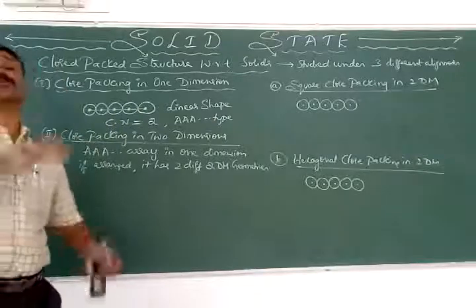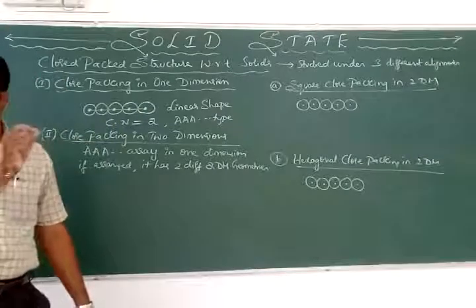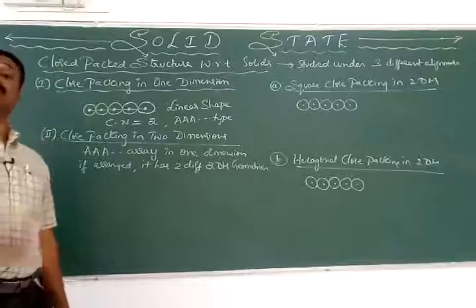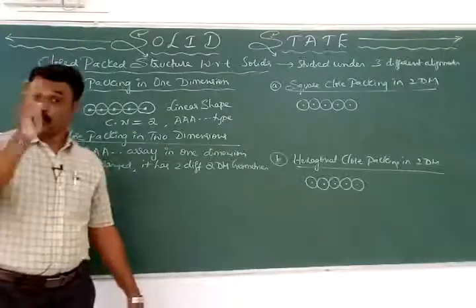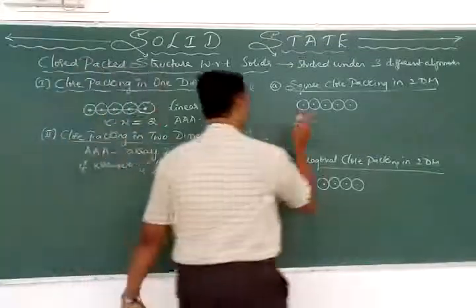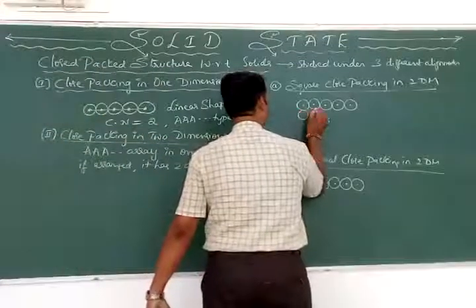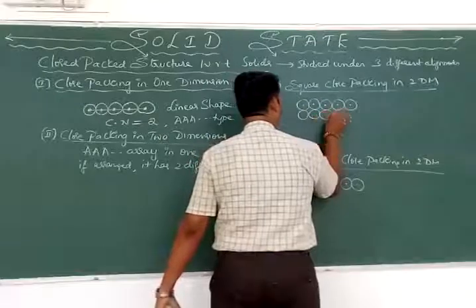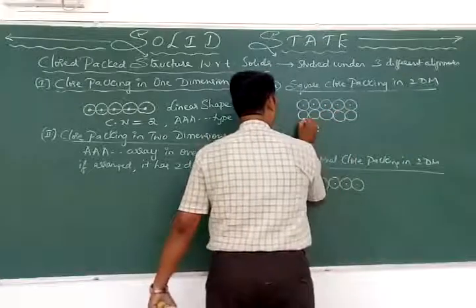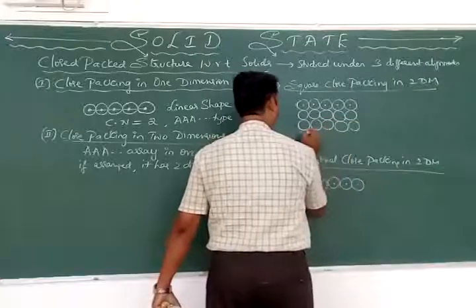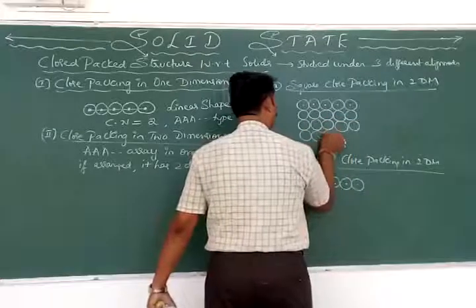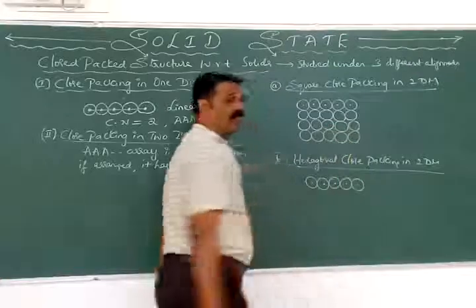Suppose one overlaps with another, because it is not only along one direction, it is also along the second direction. Suppose if it is X, then we have to have the Y. There are two different possibilities right now. The first possibility is this.